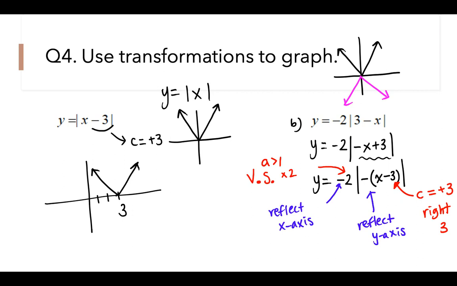And then it's vertical stretched by 2. So it's going to be very narrow by 2 times, a little bit narrow. And lastly, we're going to move the 3 steps to the right. Exactly the same shape. So this is going to be my transform function for this graph.